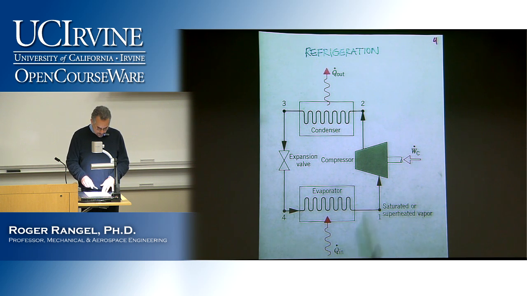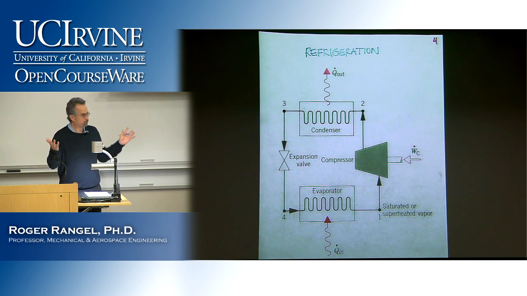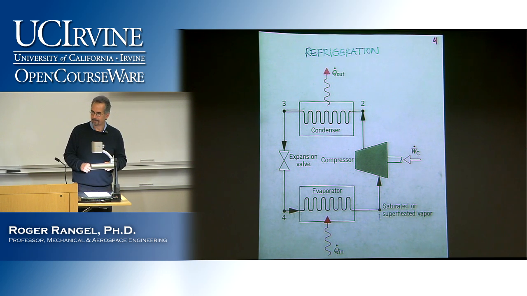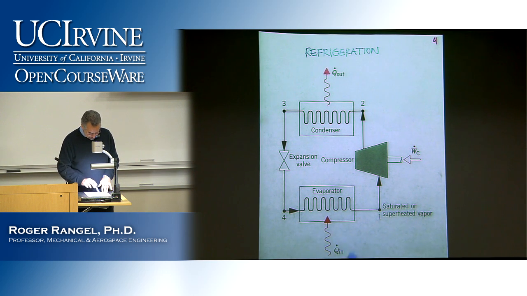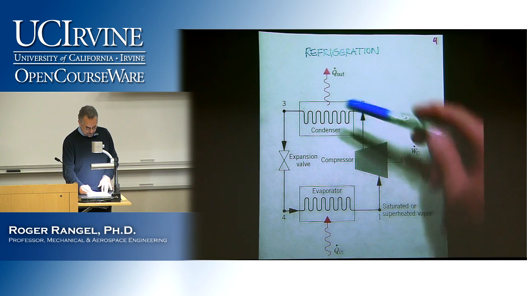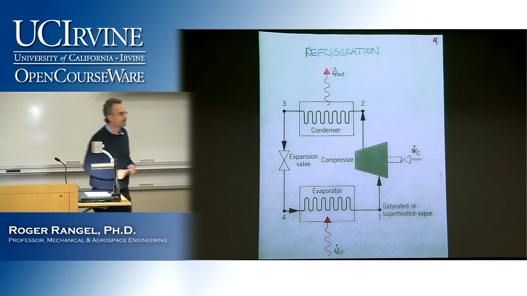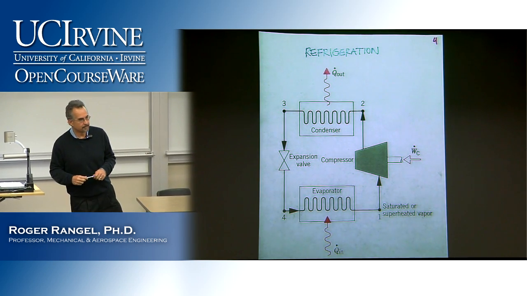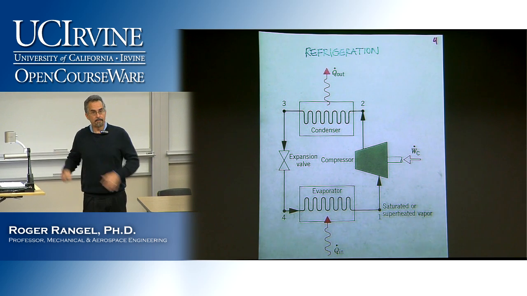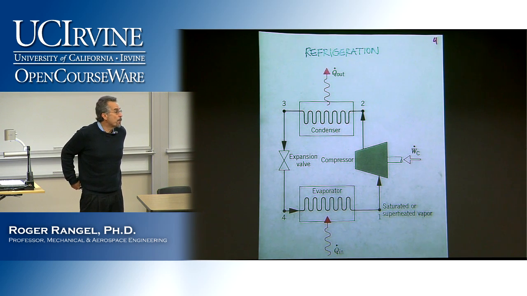All right? So where is this heat coming from in your household refrigerator? From the inside. Right? This here would be the inside. Right? And where is this heat going out? Usually it's the back, right? But it's going into whatever room, right?